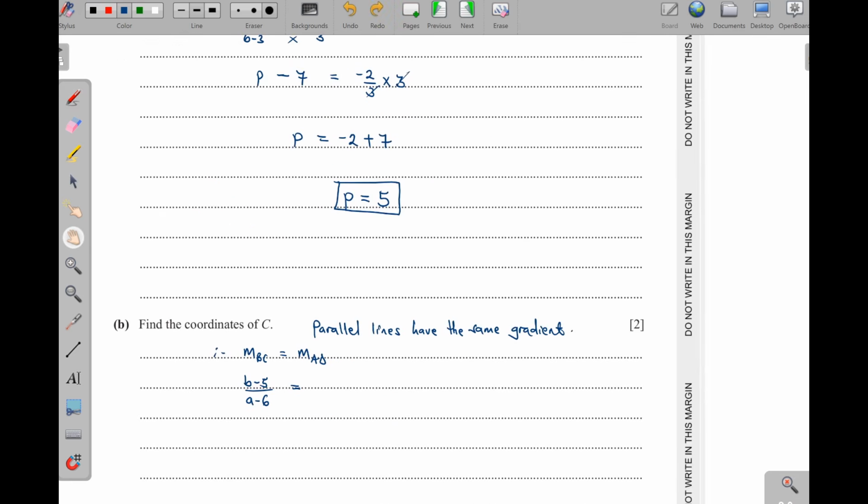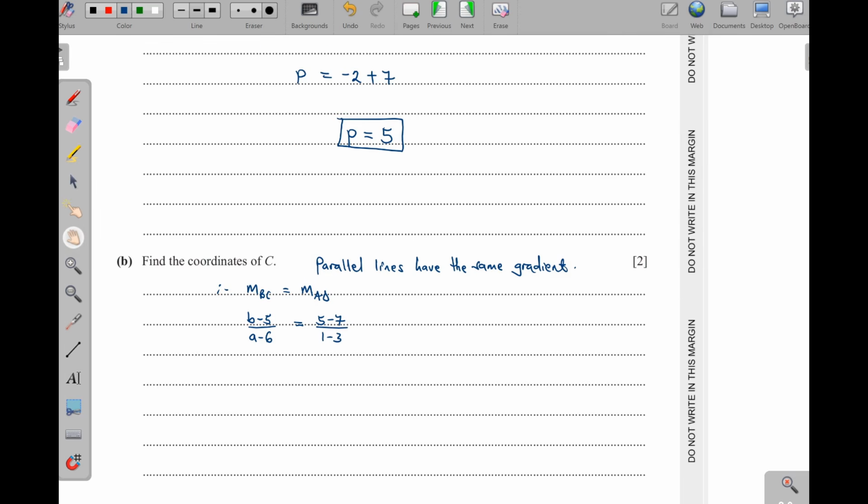So 5 minus 7, and then 1 minus 3. Suppose we cross multiply, this one will give us b minus 5 will be equal to, this is negative 2 over negative 2, that's a positive 1. So we have 1 times a minus 6. In other words, b is going to be equal to a minus 6, then plus 5. So b becomes a minus 1. I can keep this one there.